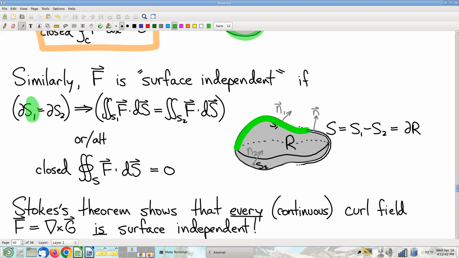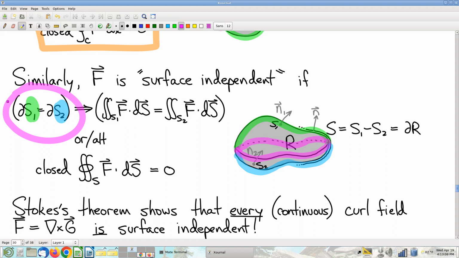S1 is a surface. S2 is another surface, but wait a second, they have the common feature that they have the same boundary curve here. Not two curves with the same boundary points, rather two surfaces with the same boundary curve.